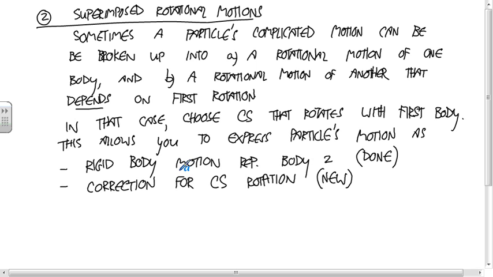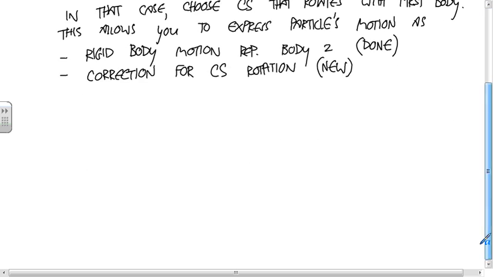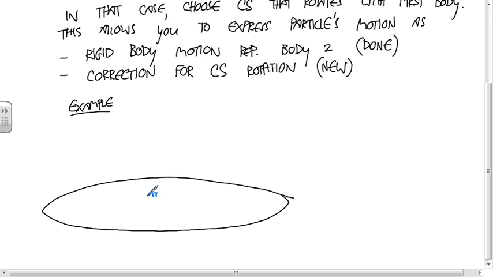So let me give you an example of this kind of problem. Say that you have one disk, like a carousel, that's rotating in a horizontal plane. Let's say that it has a radius of 10 meters.